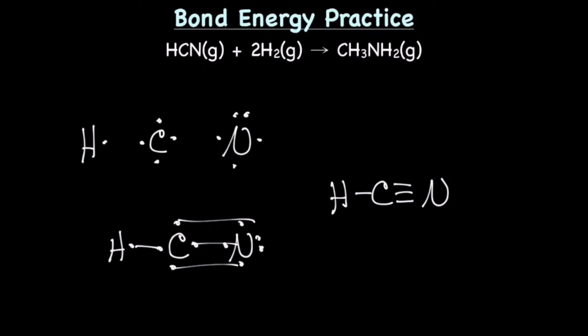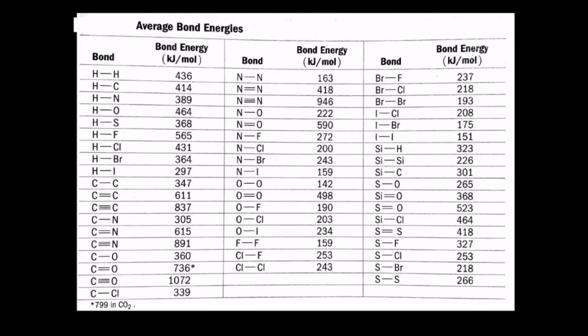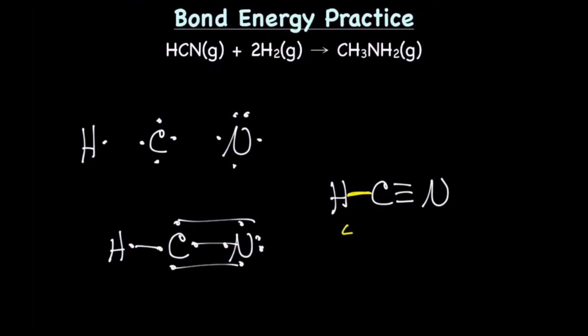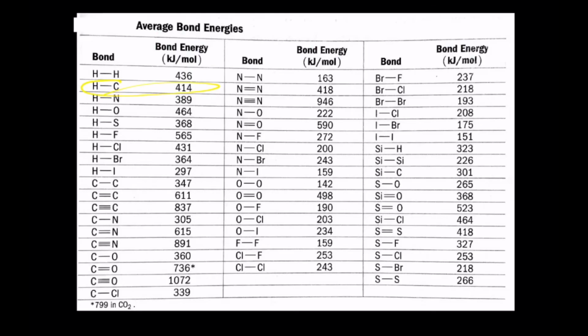So next we need to figure out the energy added to break the HC bond. So that energy is still 414. And the energy needed to break the CN bond, and that's a triple bond here. So it's 891 kilojoules.